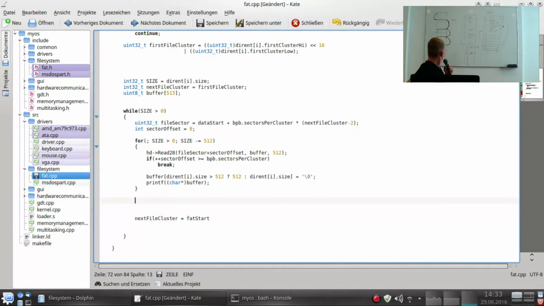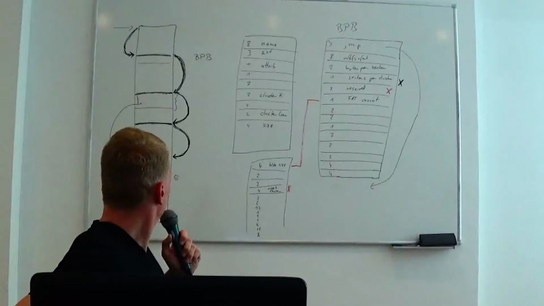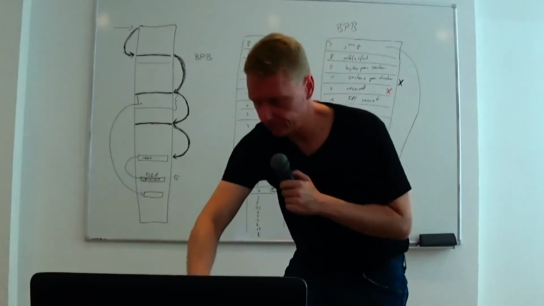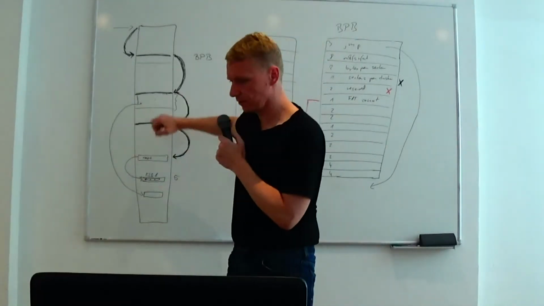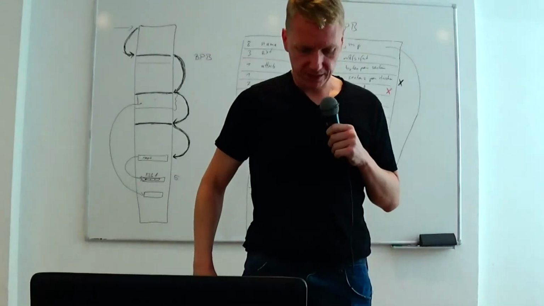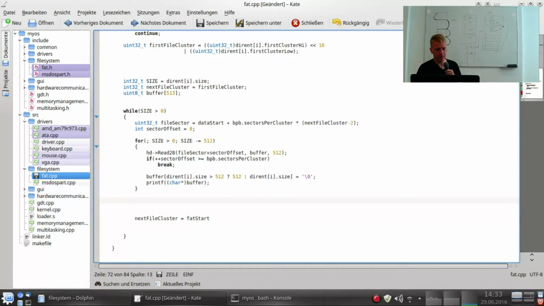So the point is we need to find out, the file allocation table will span multiple sectors also. So we need to find out which sector the entry for the current cluster is in.